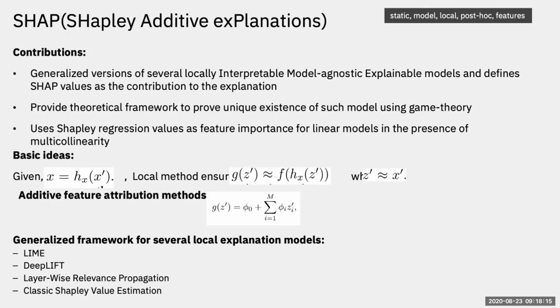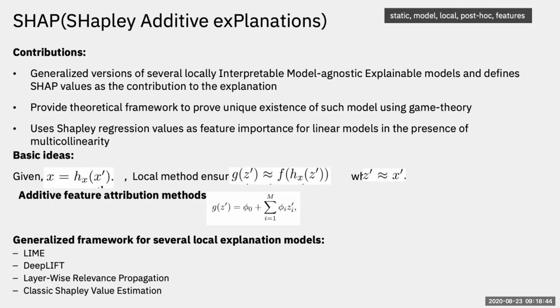So now let me define the basic ideas of this framework, and how this framework generalizes most of the local methods. Here again, similar to LIME, x and x prime represent the two input dimensions. One is for learning the original predictive model, and the other one is for the explainable model.